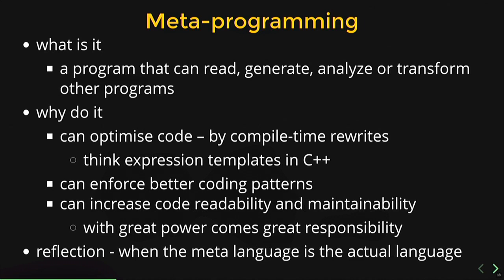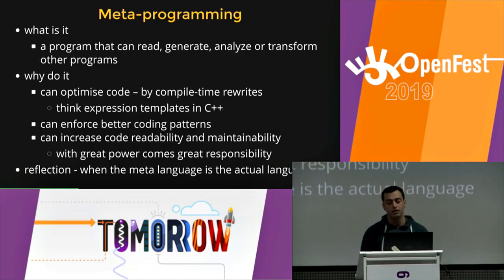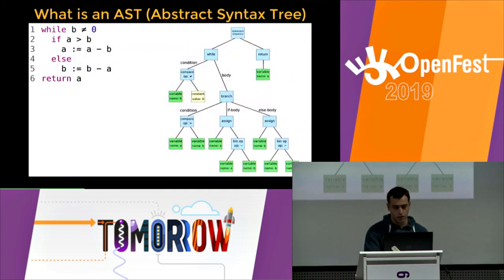We can also enforce better coding patterns, and usually we can really increase code readability and maintainability. But of course, we have to be careful because we might build the wrong abstraction, for example. And in the case when the language which we use for metaprogramming is the actual language which is the final program, that's called reflection.